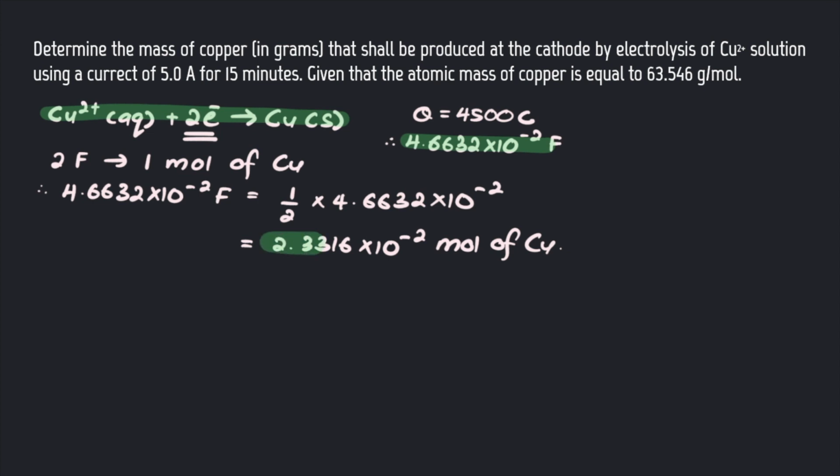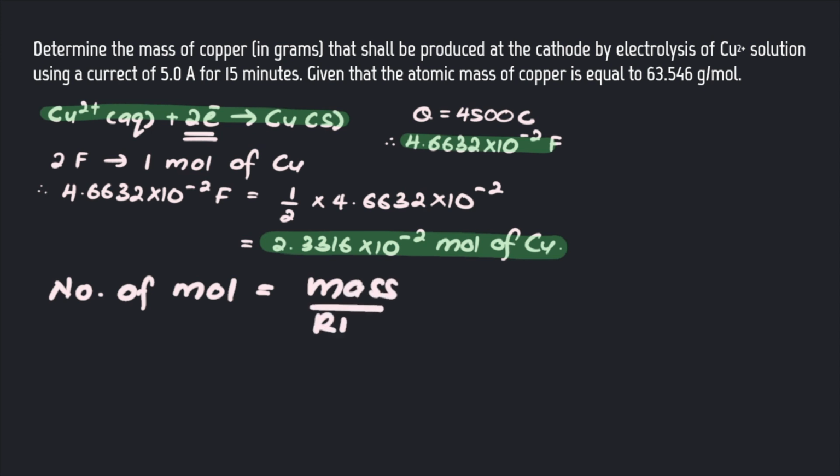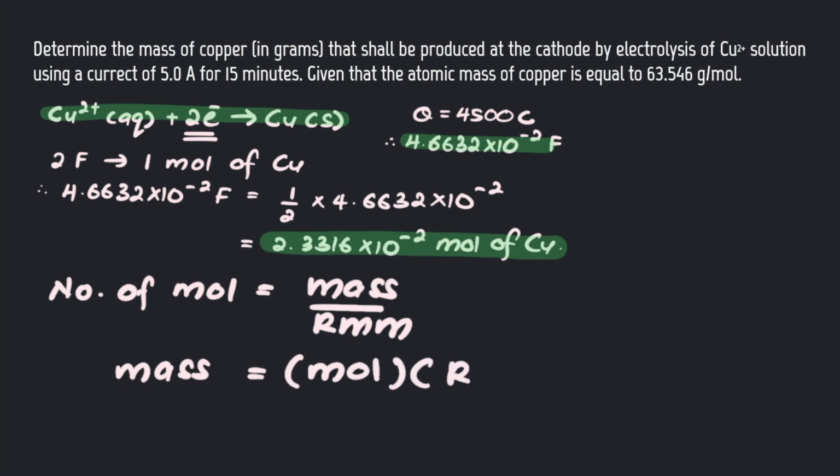Since you know the number of mole of copper, definitely you can find the mass. The number of mole is equivalent to mass over RMM. Now to find the mass is rather straightforward: it is equivalent to the number of mole times your RMM.